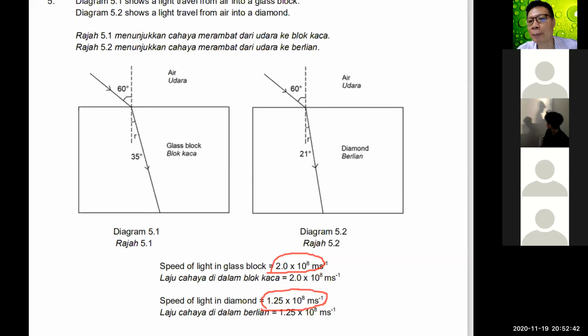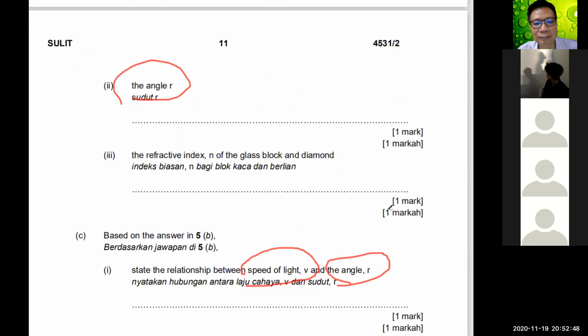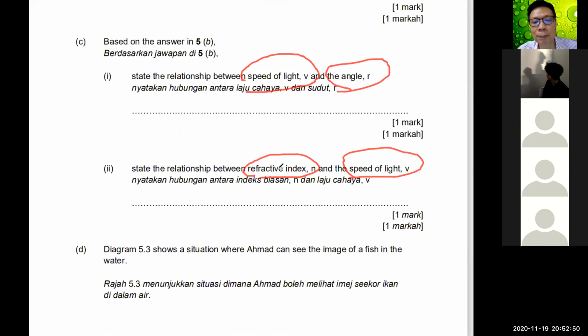Pelton, right? Pelton, come out, please. Pelton, what answer here? Put your mic nearer to your mouth. The bigger the refractive index, the slower the speed of light. Yes, correct.